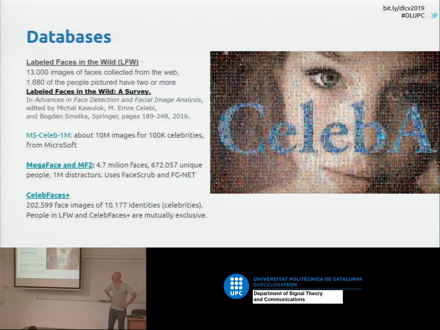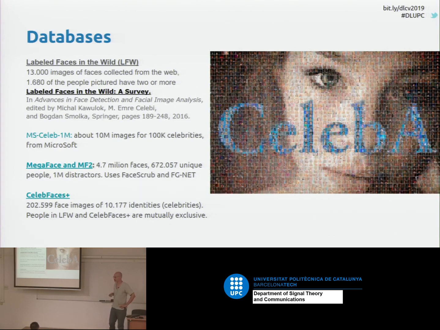So to train face recognition systems, we usually need large databases. There are a lot of people in the world, and if we want to differentiate between different people, we need training sets that have a lot of identities.